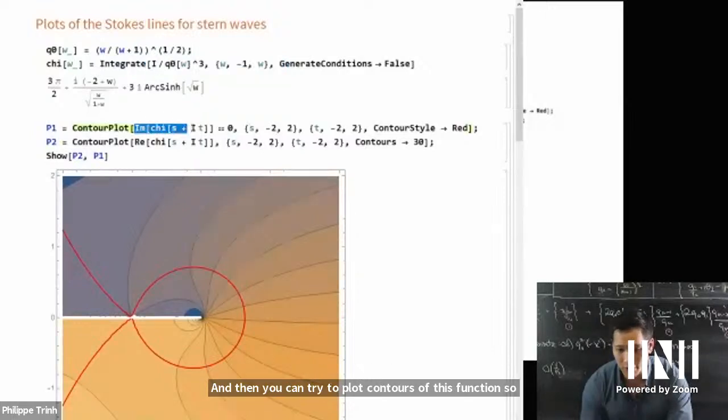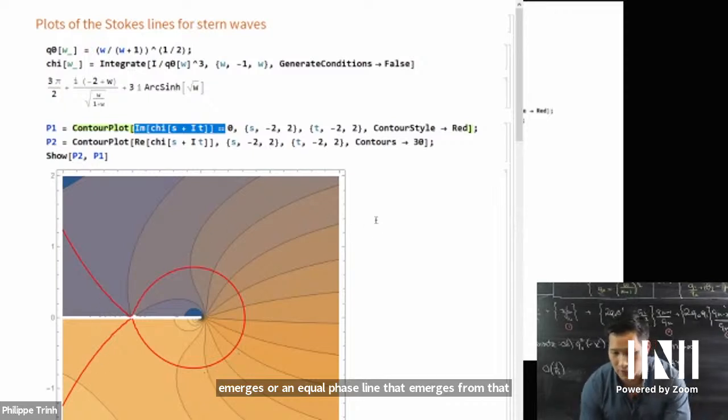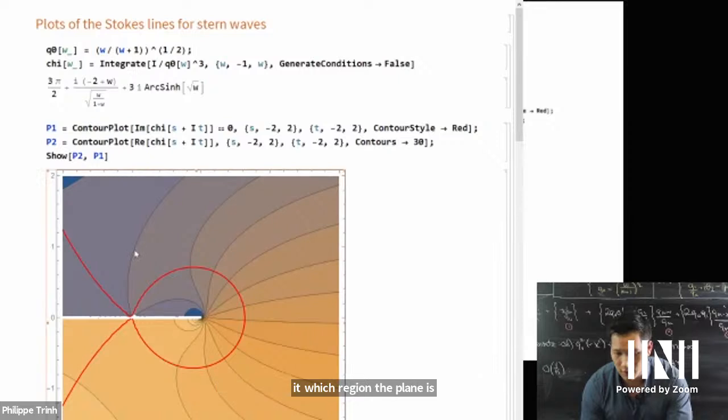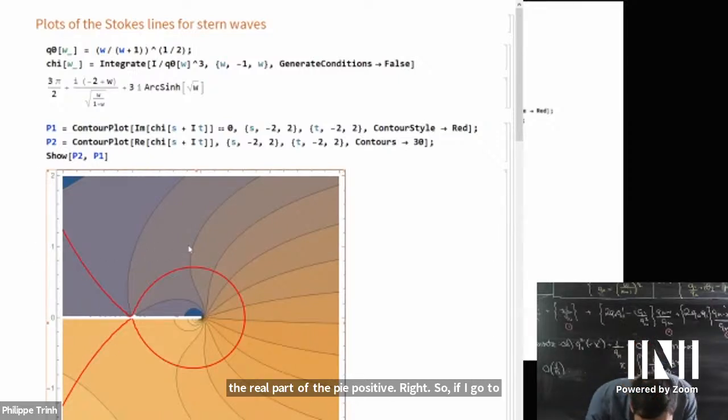So here I'm plotting in red the imaginary part of chi equal to 0. Along this, there's a singularity at -1, which corresponds to the corner of the ship. There's a Stokes line, or an equal phase line, that emerges from it, these sets of lines. Then you need to verify in which region of the plane the real part of chi is positive. If I go to these contours, this one's 0, this one's 0.81. This is the real part; the colors give you the real part.